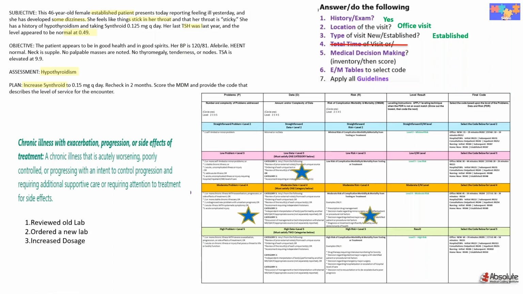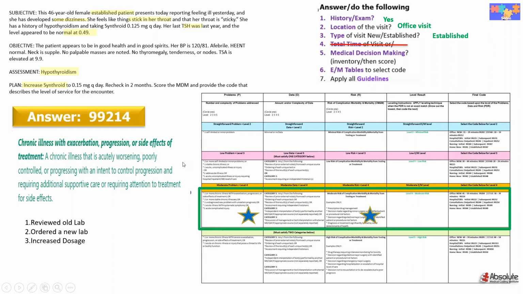They increased the Synthroid dosage, so I would take that under moderate risk, level 4, in the risk column. So throwing out the lowest and taking the next highest, this is going to be a moderate risk MDM, and the correct answer is 99214. So that's the correct answer.